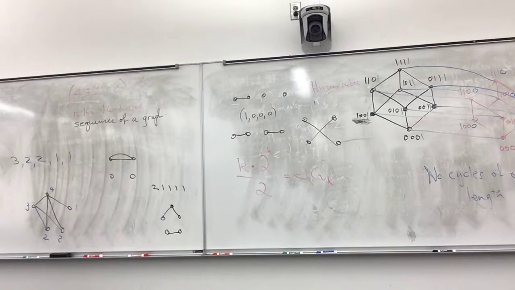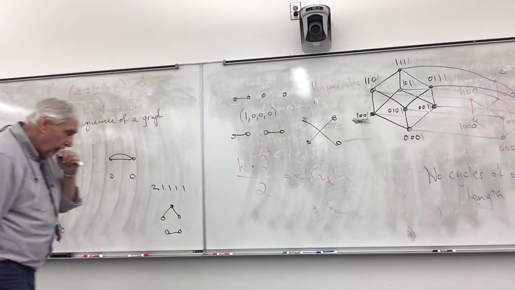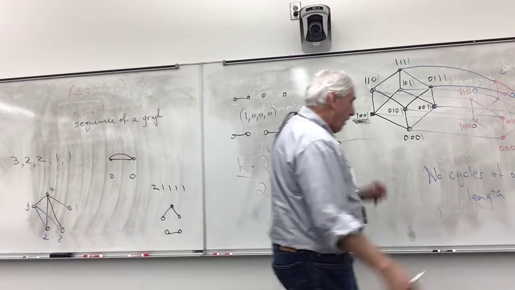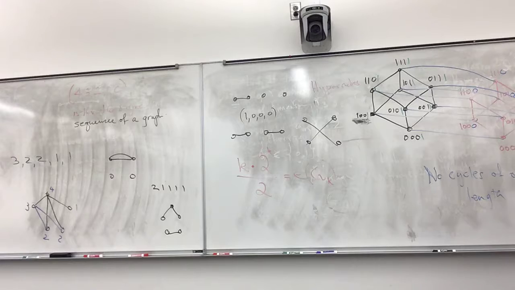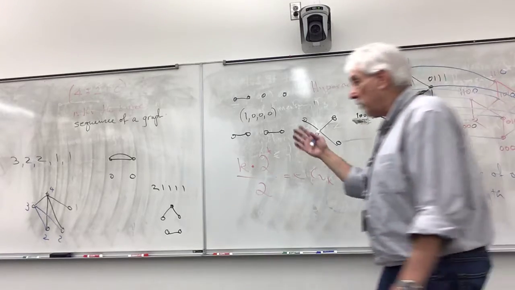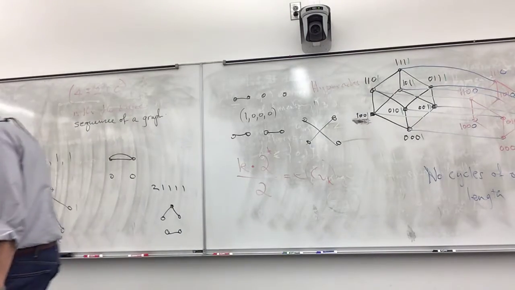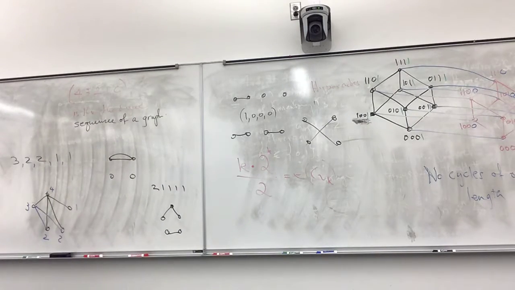There are two theorems in this section about when a degree sequence is realizable as a graph. One is very numeric. If you look at the Erdős-Gallai theorem, 2.5.3, we have a non-increasing sequence.